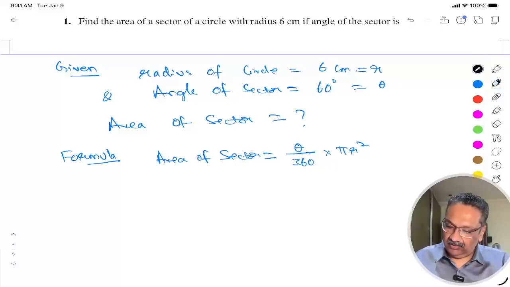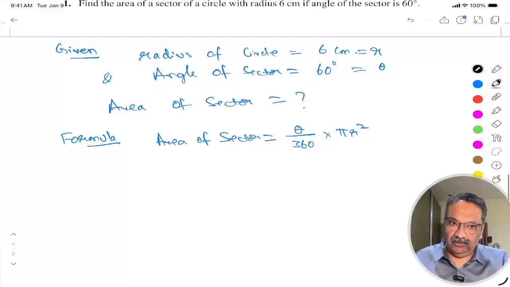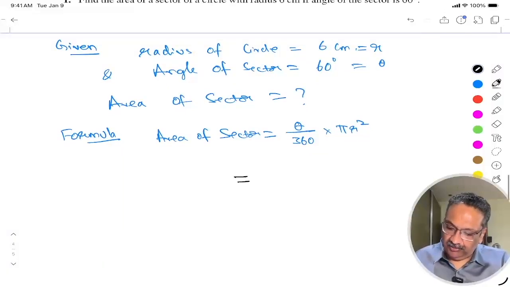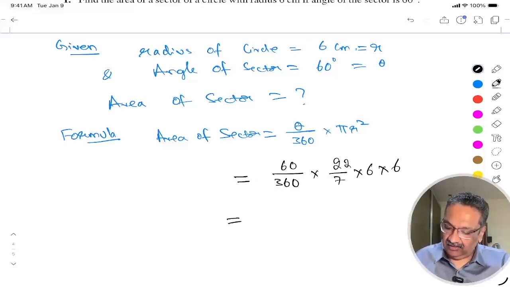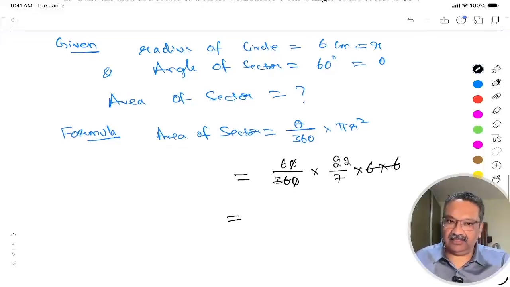Alright, straight away we will substitute. Theta is 60 divided by 360 into pi, 22 by 7, into r square, 6 into 6. Zeros cancel, 6 6s are 36, 36 cancels.